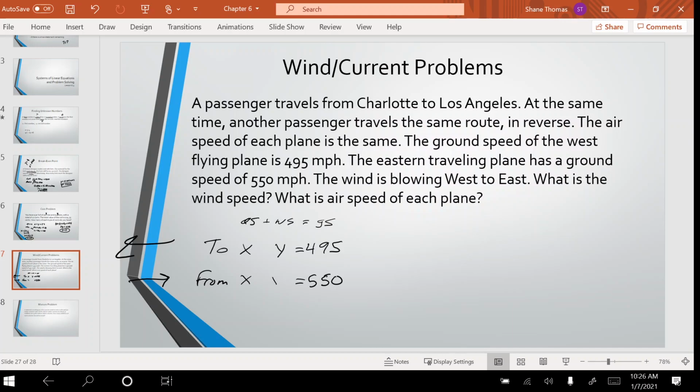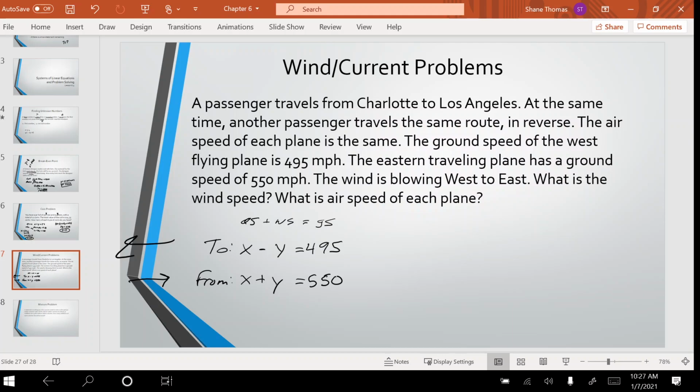So we're just going to use x and y for both of those. So x is the airspeed, we're going to say that y is the wind speed. All right with that? This one here, the first one, the wind is fighting us, so we have to subtract the wind speed. This one here, the wind is helping us, so we have to add the wind speed.